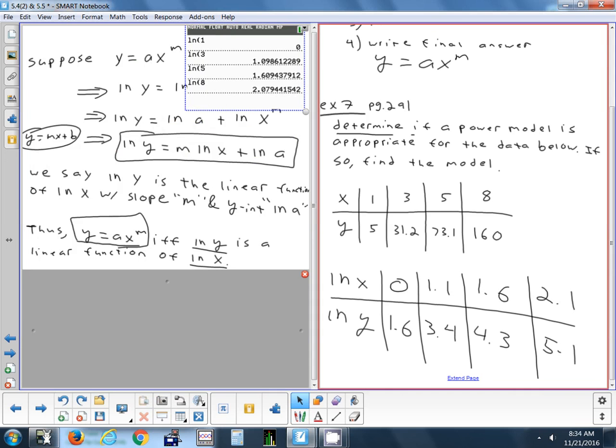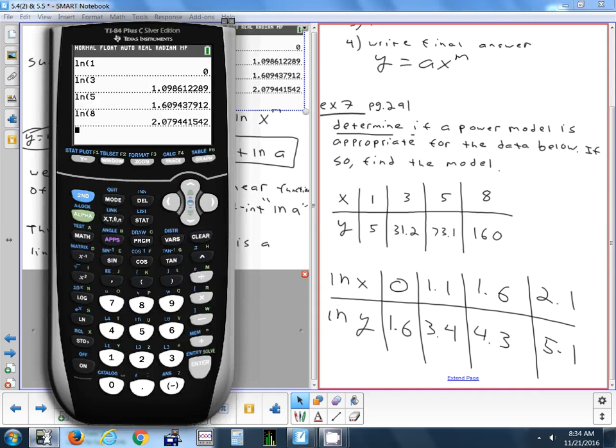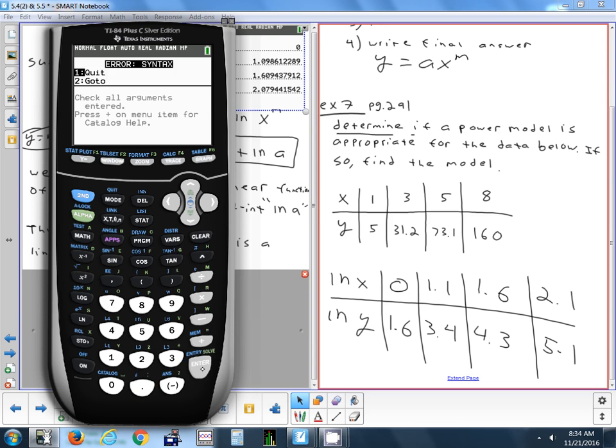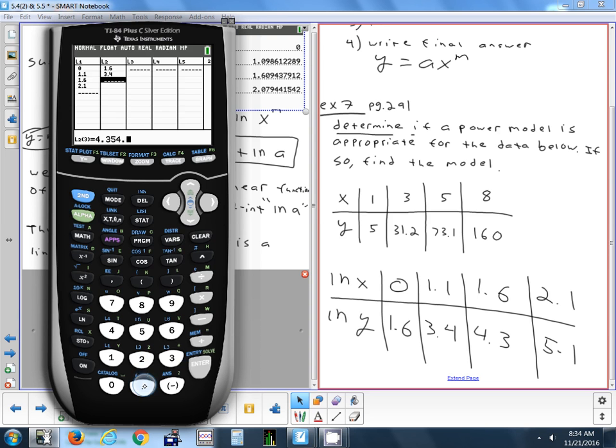Now I'm going to check and see if ln y is a linear function of ln x, just by graphing those points. I can do this by hand, or a faster way would be on the calculator. So 0, 1.1, 1.6, 2.1, and 1.6, 3.4, 4.3, 4.3, and 5.1.